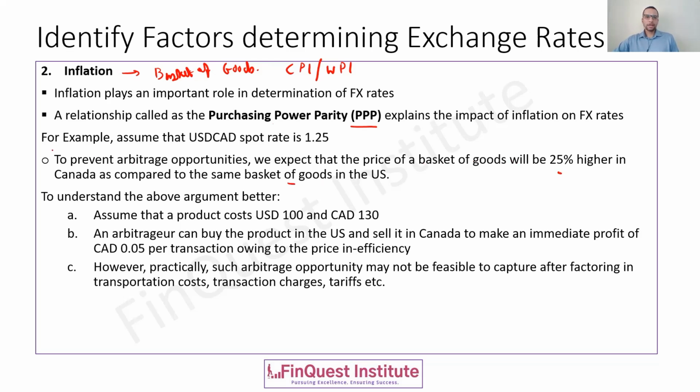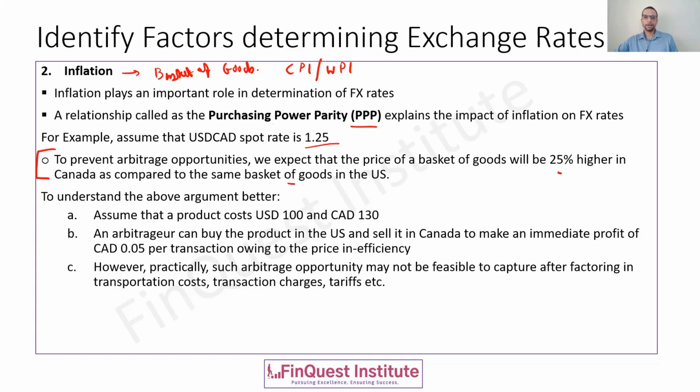Now, to understand this argument better, let's say a certain product costs $100 in America, and it costs 130 in Canada. Now, a certain arbitrager could buy the product in the United States, and he or she could simultaneously sell it in Canada in order to make an immediate profit of 0.05, because of the spot exchange rate of 1.25 versus this product difference.